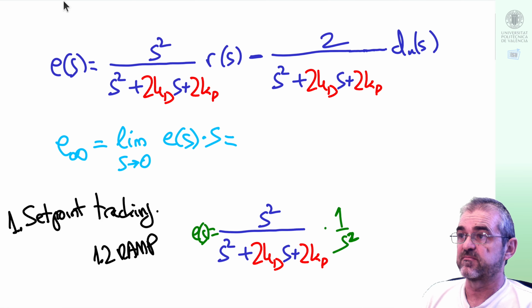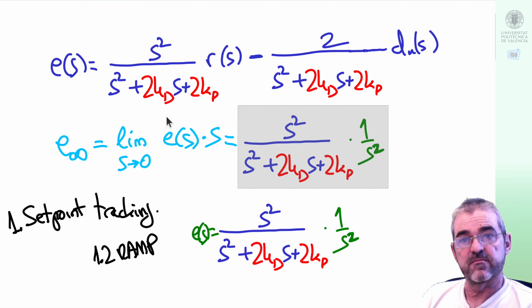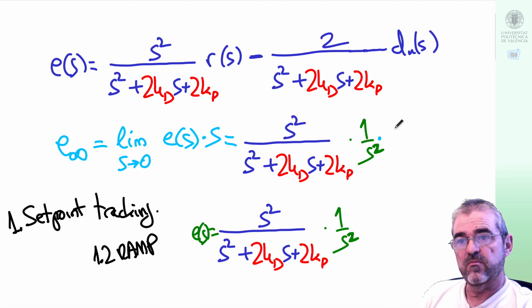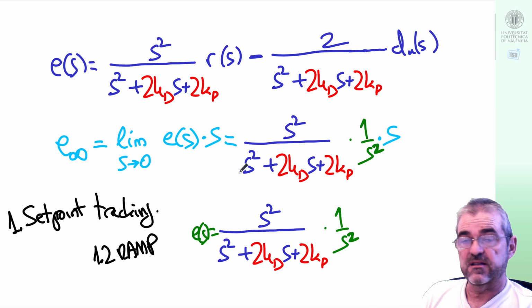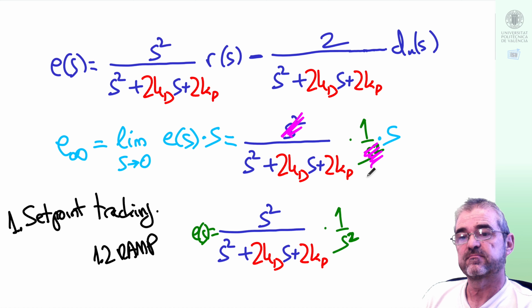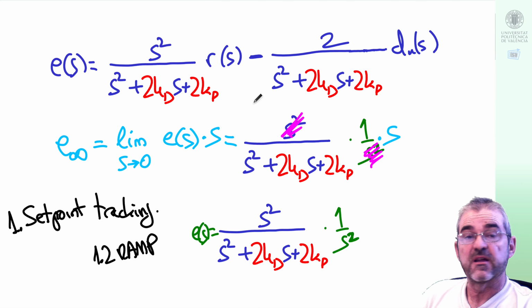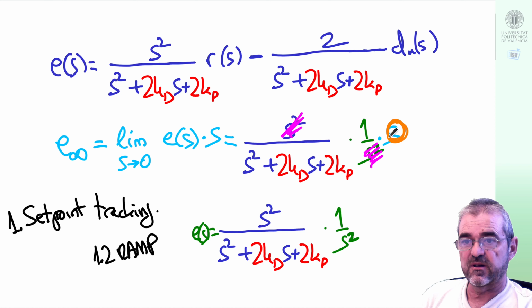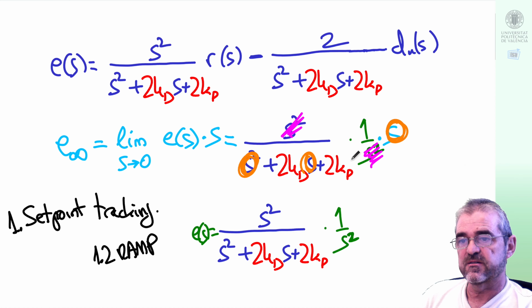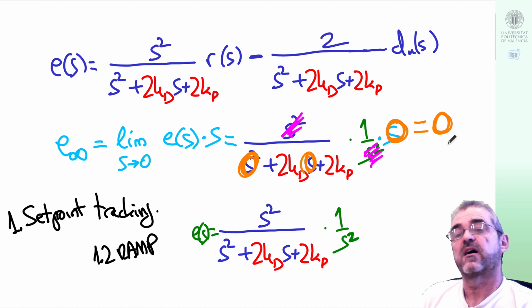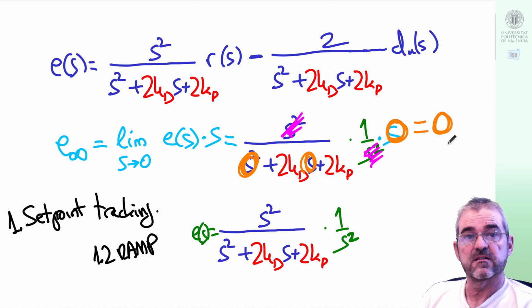So, copying that in the final value theorem manipulations, multiplying by s and letting s tend to 0, okay, then again, we can now, for instance, cancel this and this, and letting the remaining s tend to 0, I will have a 0 here, 0 here, 0 here, and again, I will have 0 steady state error. So theory predicts that the final value of the error when tracking a ramp reference will also be 0.